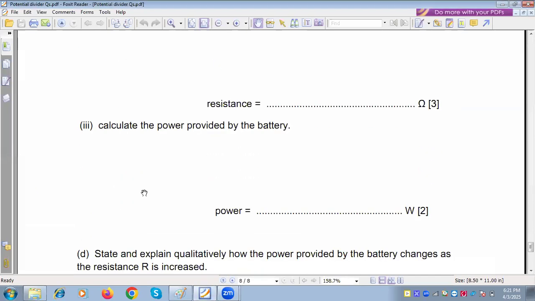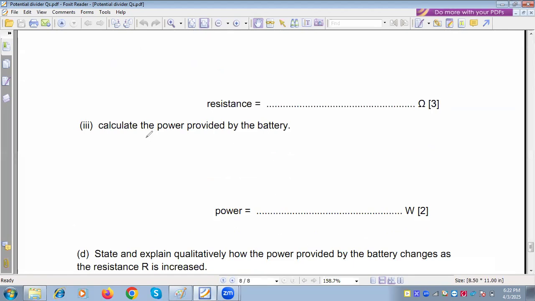Now calculate the power provided by the battery. Power's formula is V into I. We will use the easy formula.